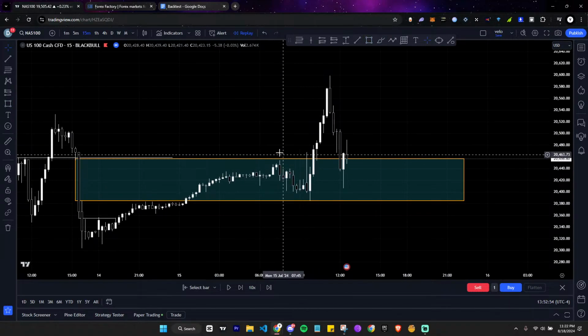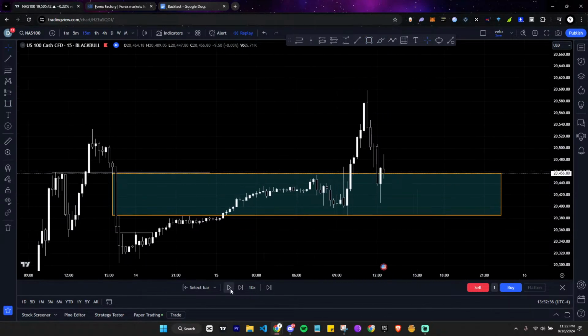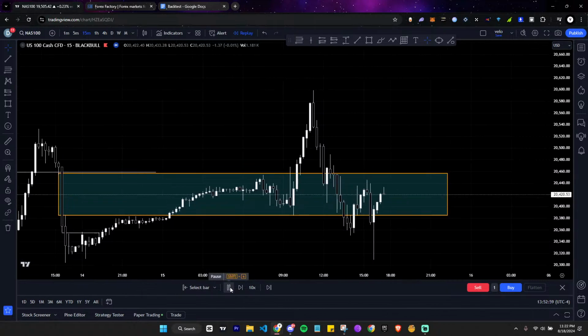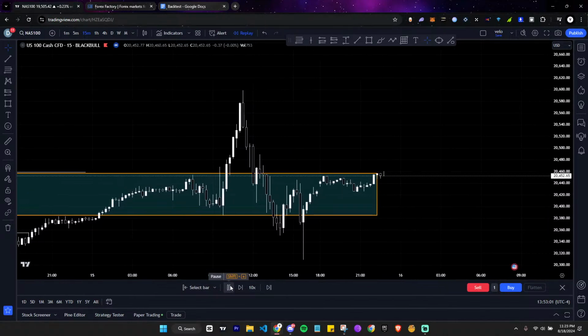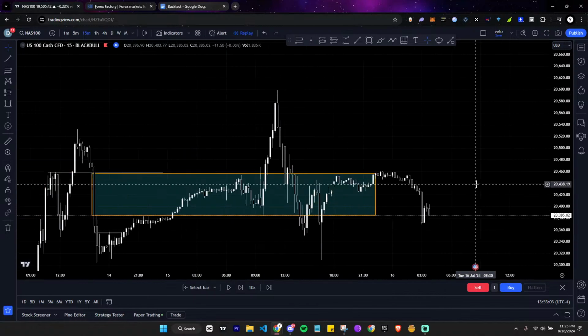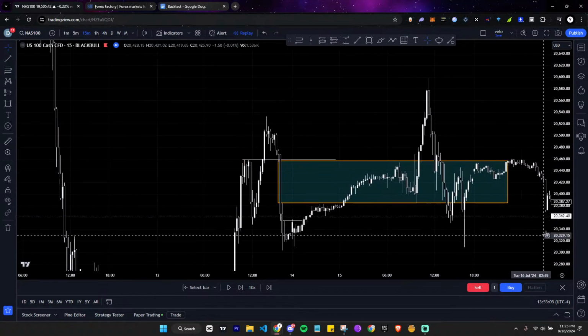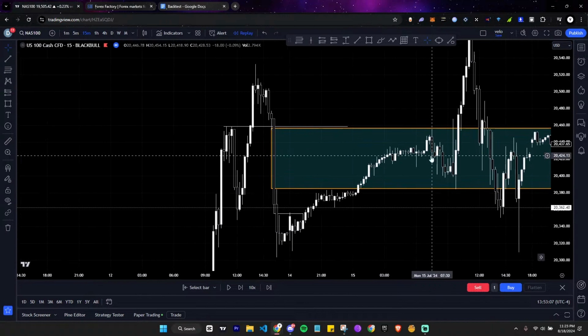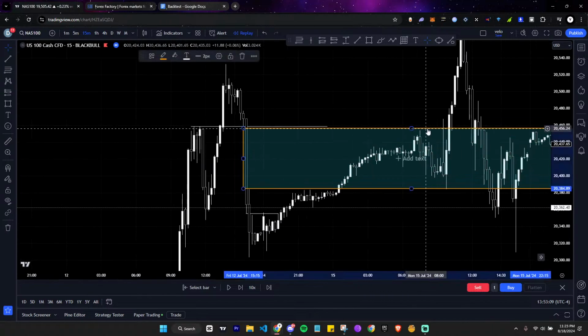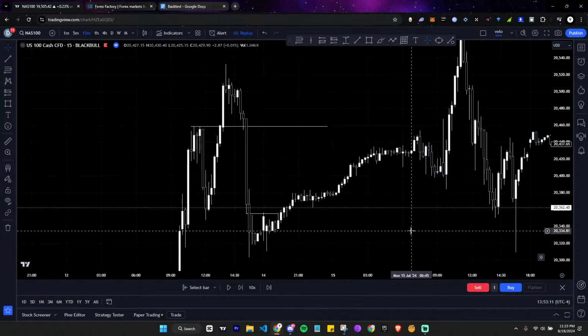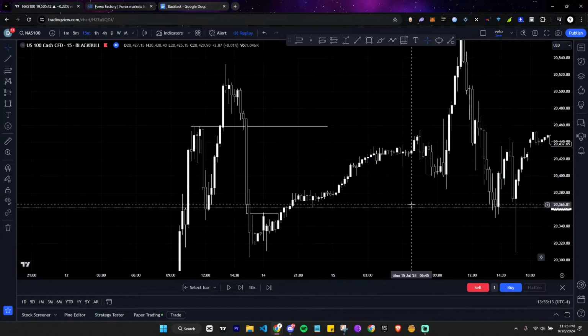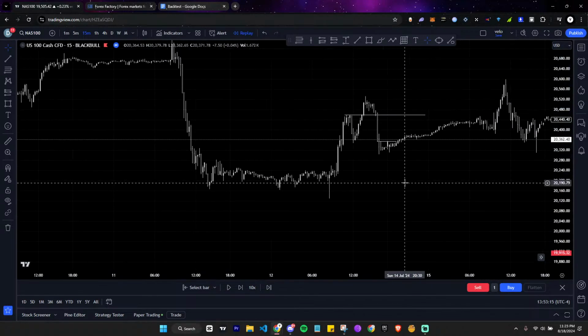So now they're going to use this level, retest this as another level of support. My mistake, I made something wrong. This is already wicked into, which means this is mitigated. So at this point we disregard this after it's used as a support fair value gap.